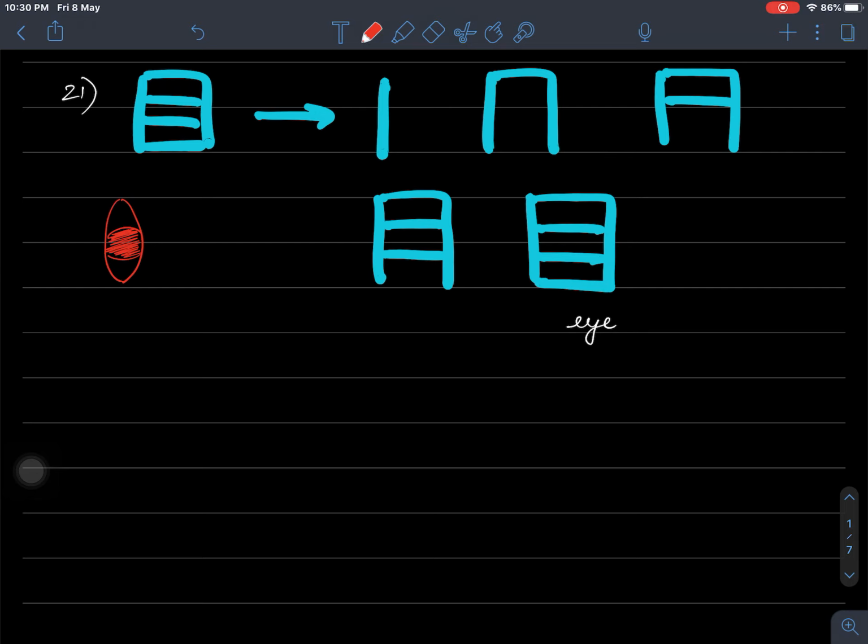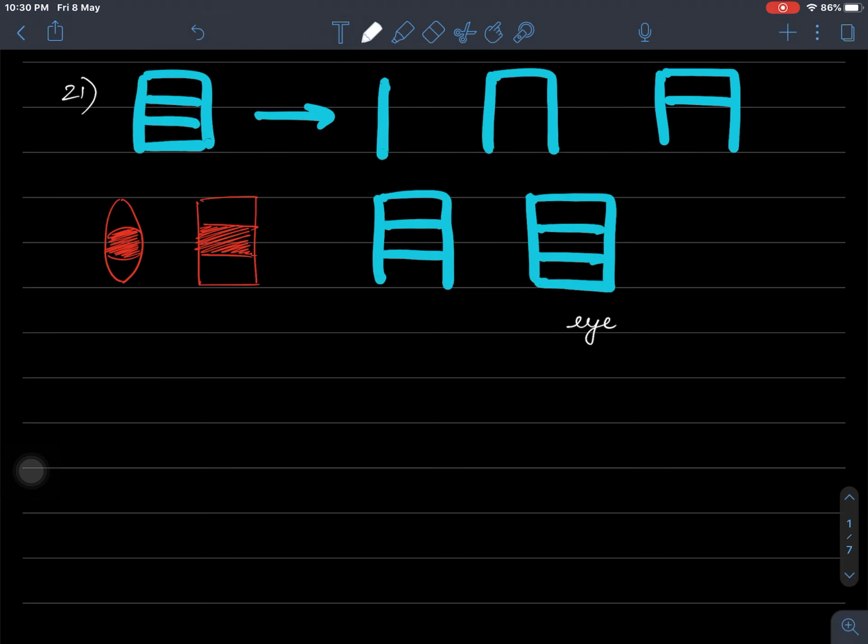If you recall what we did yesterday, there are no circular or oval shapes. Most of them will be represented by some form of squares. So that's how the eye is being represented, with the eyeball and the iris being this midsection, just made into a square. So that's one way of memorizing it.